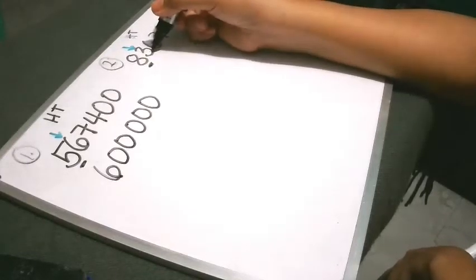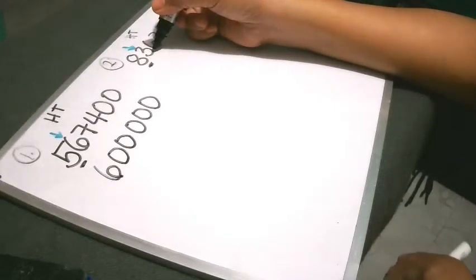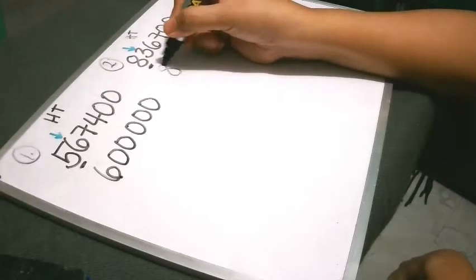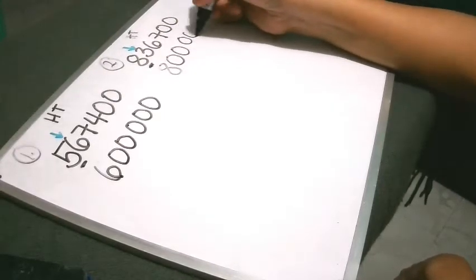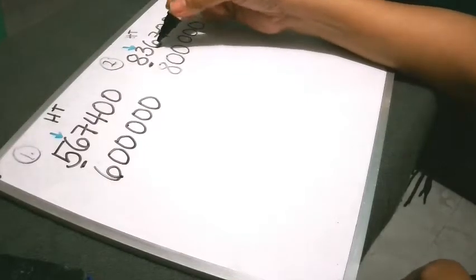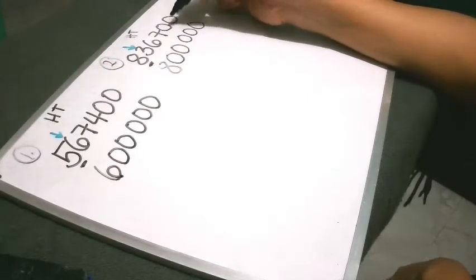So 3 here is lesser than 4, meaning to say we will not add 1 with 8. So 8 will remain. So the answer is 800,000. So 836,700, if you are asked to round this off to the nearest 100,000, is 800,000.